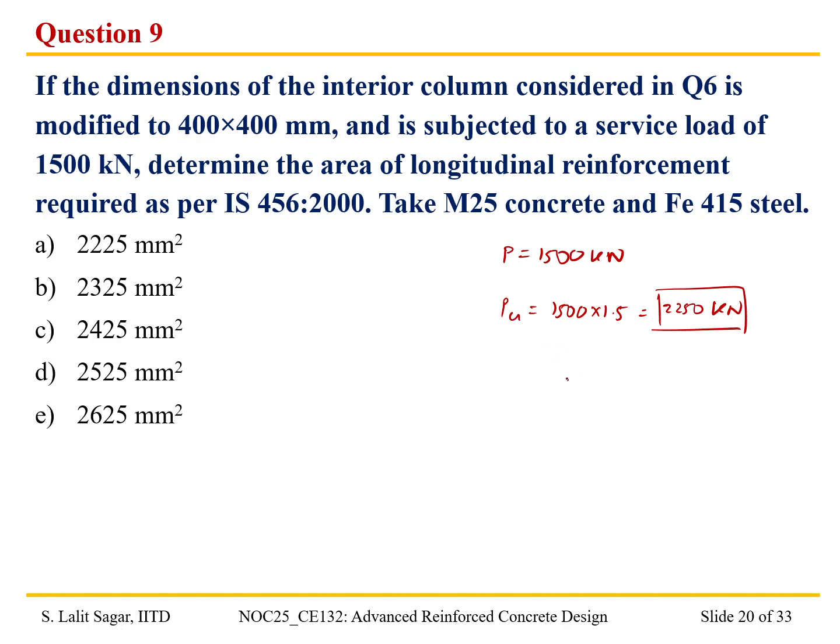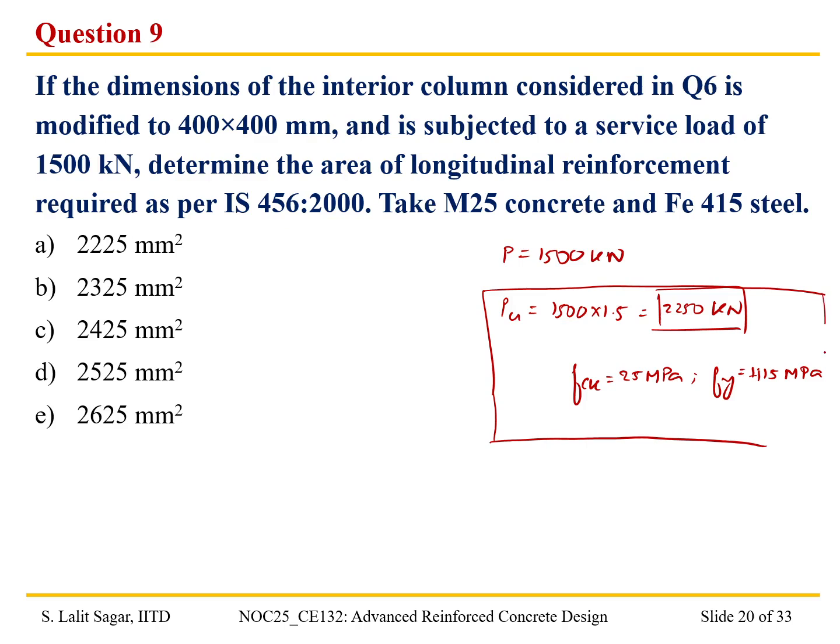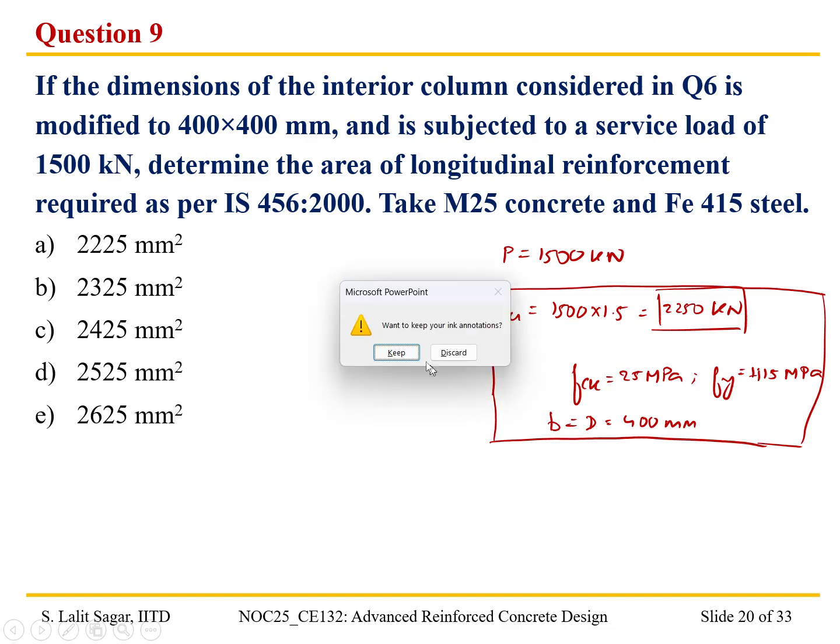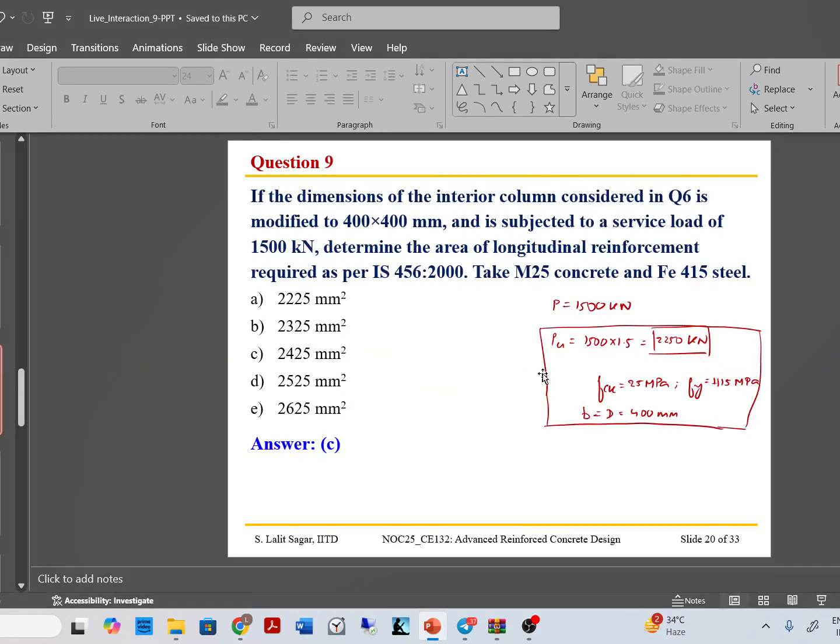Then we have fck is equal to 25 MPa and fy is 415 MPa. And b and D both are 400 millimeter.